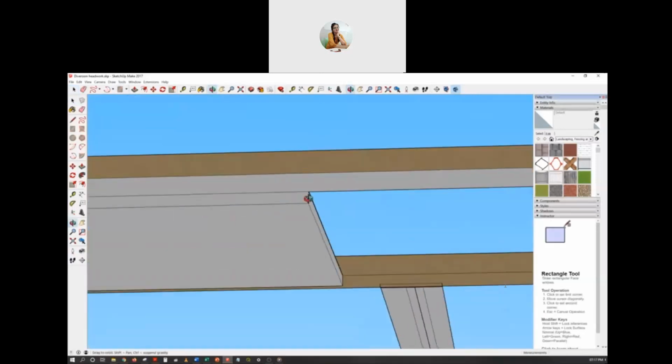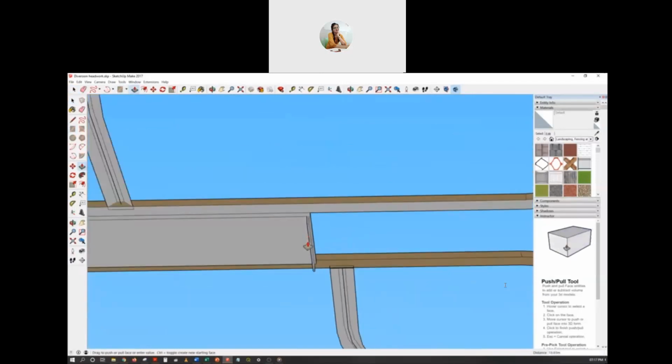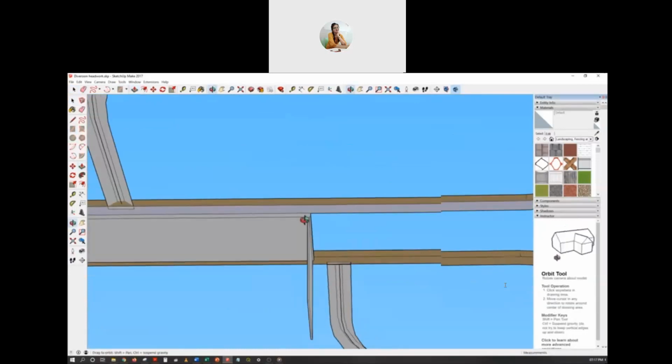Let's provide this sheet pile here. The sheet pile will not have this kind of thickness, but here in the drawing, just to show you, I'm giving it some thickness.